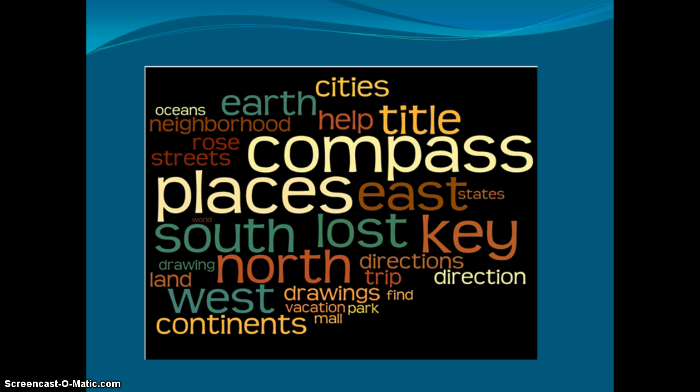As you can see, words such as compass, places, north, south, east, key, and west, the largest letters here, are the words that the students responded to most frequently, which is in alignment with one of the objectives of learning the compass rose and cardinal directions. This student-generated visual also served as a very valuable review before the students took their post-test on the last day.